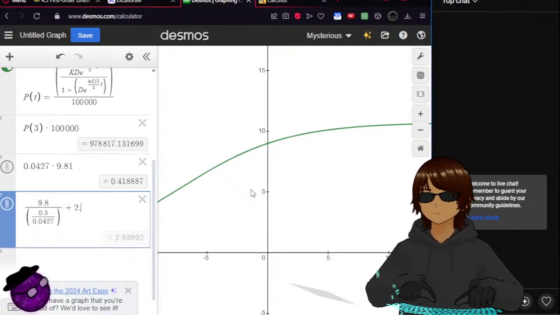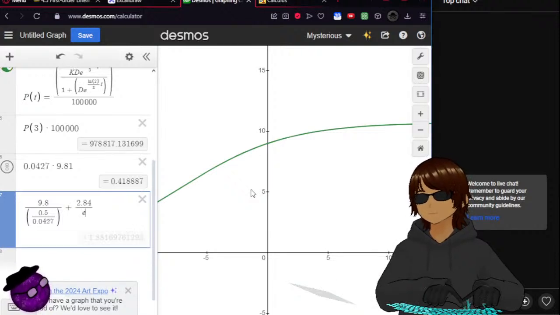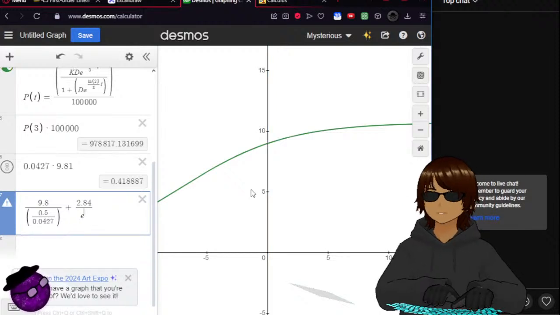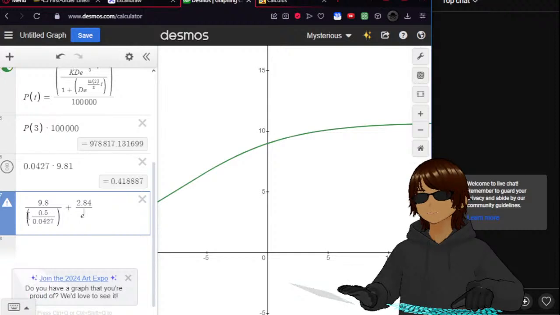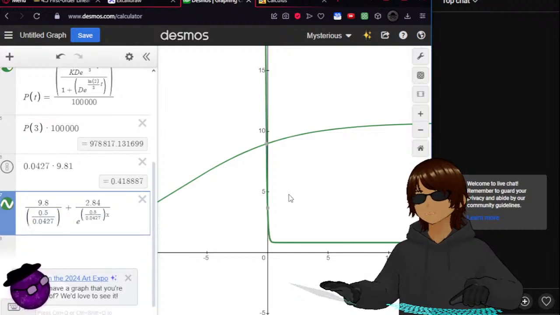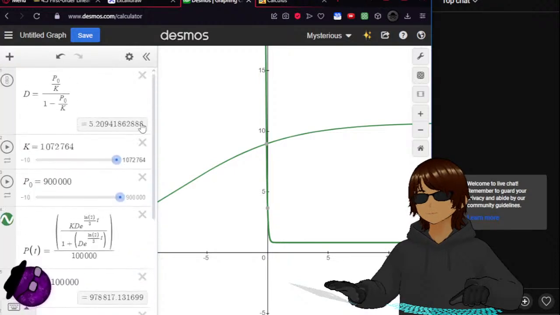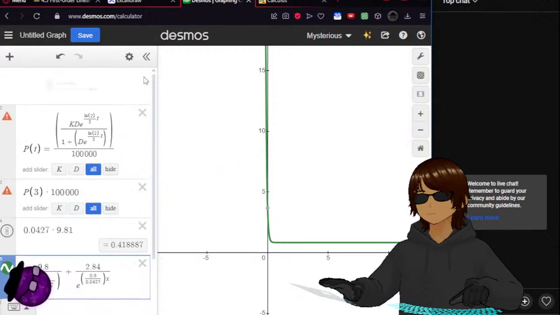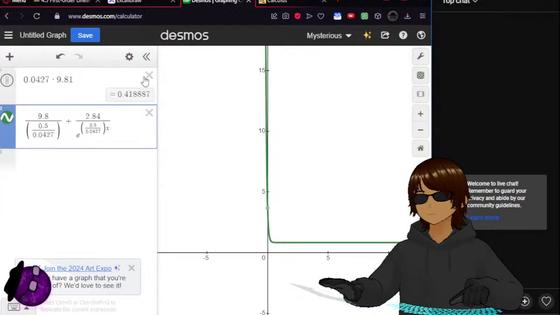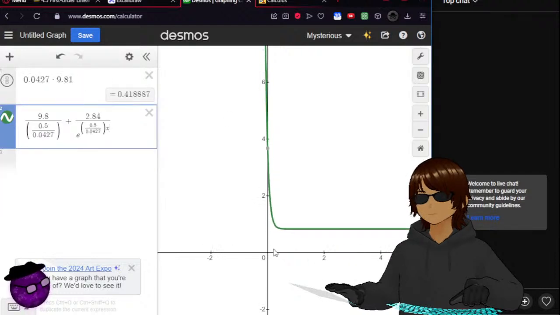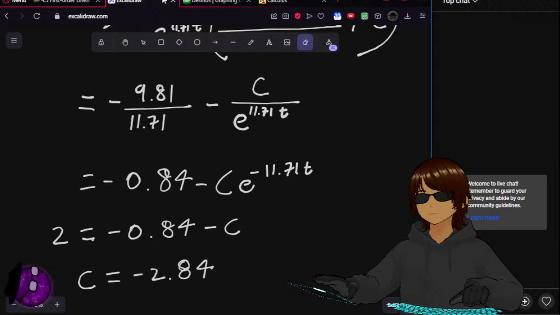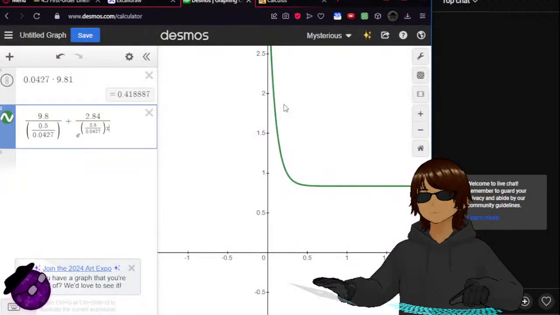Plus 2.84 over e to the power of 11.71t at t is equal to 0.